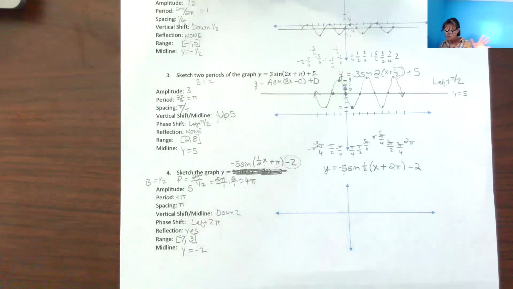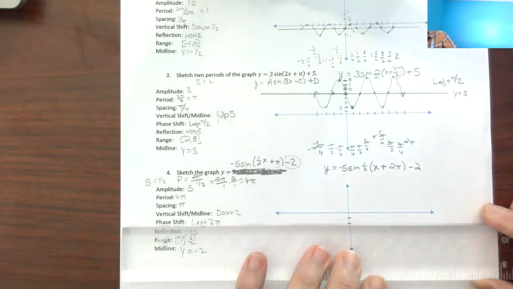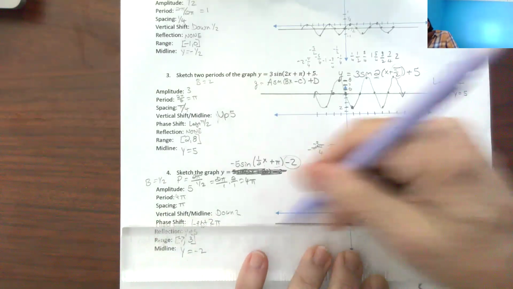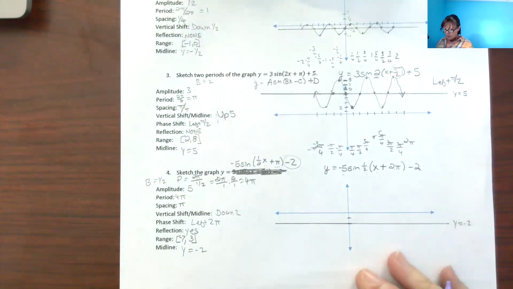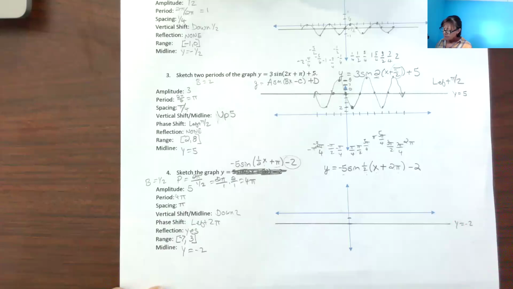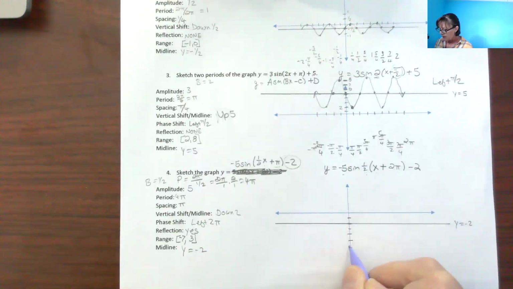All right, let's try to lay this out. Start with your midline. Y is -2. We're going to be going up and down 5. So let's see. -2, -3, -4, -5, -6, -7.